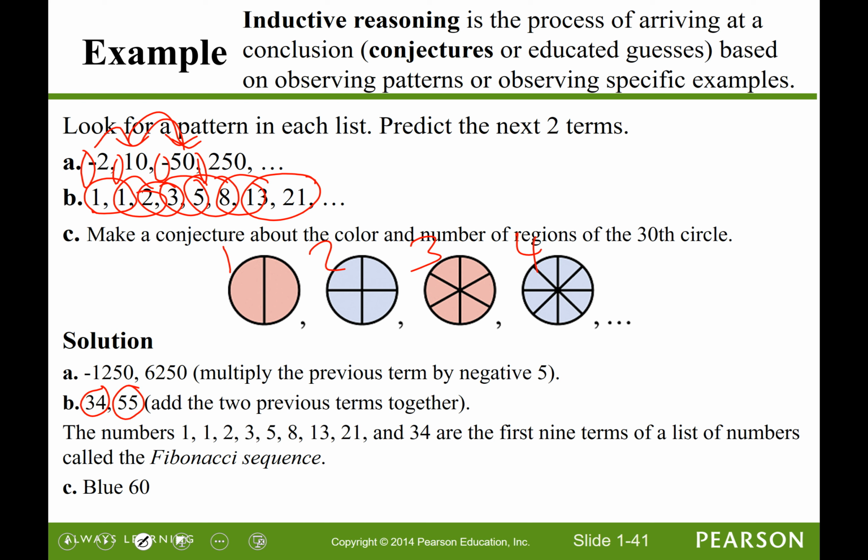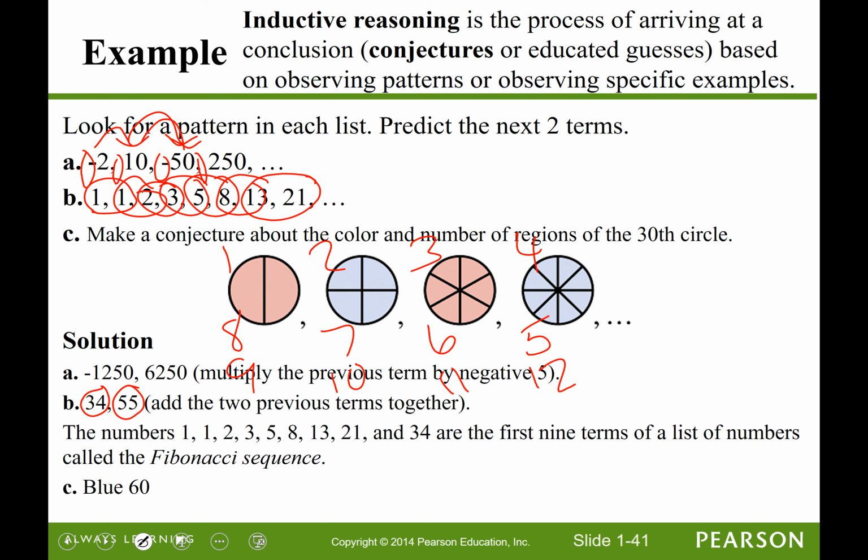Maybe it's going to do the fourth one again, and then the 6th, the 7th, the 8th, and then backtrack again, 9, 10, 11, 12. There's nothing that really shows us that is incorrect necessarily. So that's why sometimes it's an educated guess.